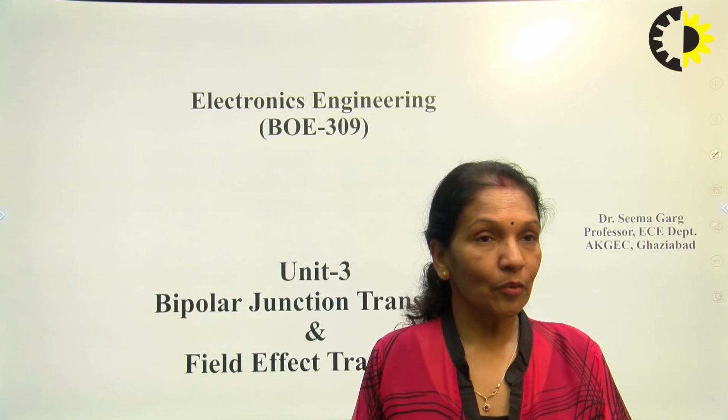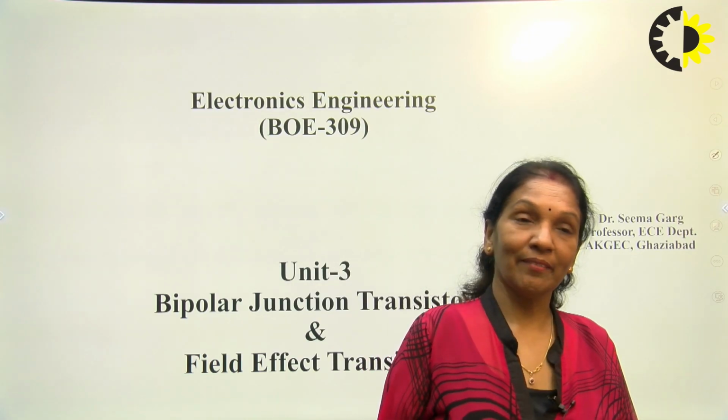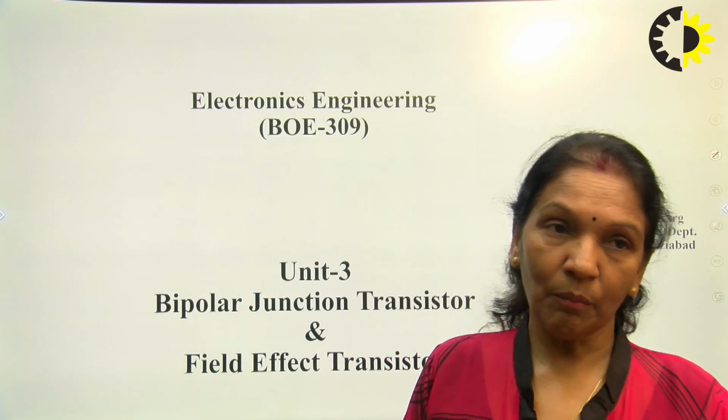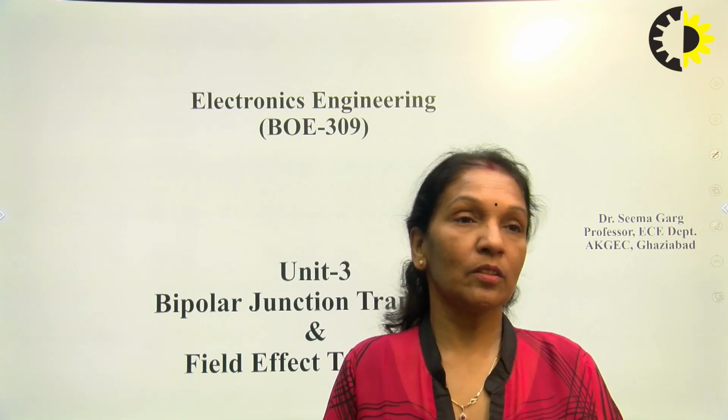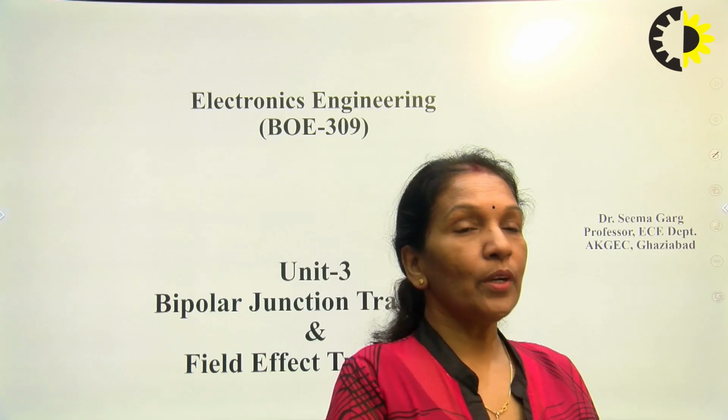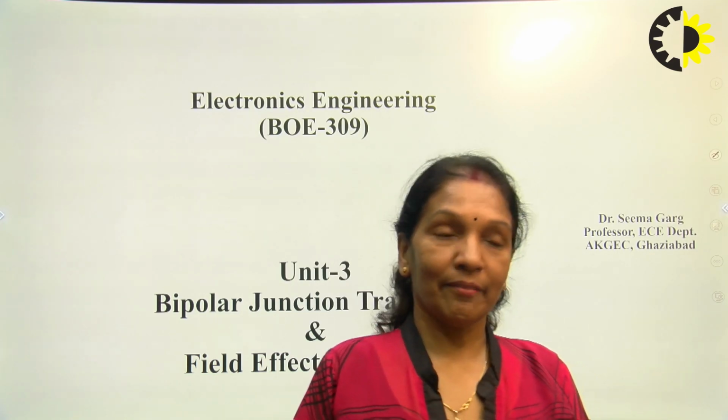BJT is a current controlled device, FET is a voltage controlled device. BJT is a bipolar device, and FET is a unipolar device. Input impedance of the BJT is low, output impedance of the BJT is high. BJT is more temperature sensitive in comparison to the FET.